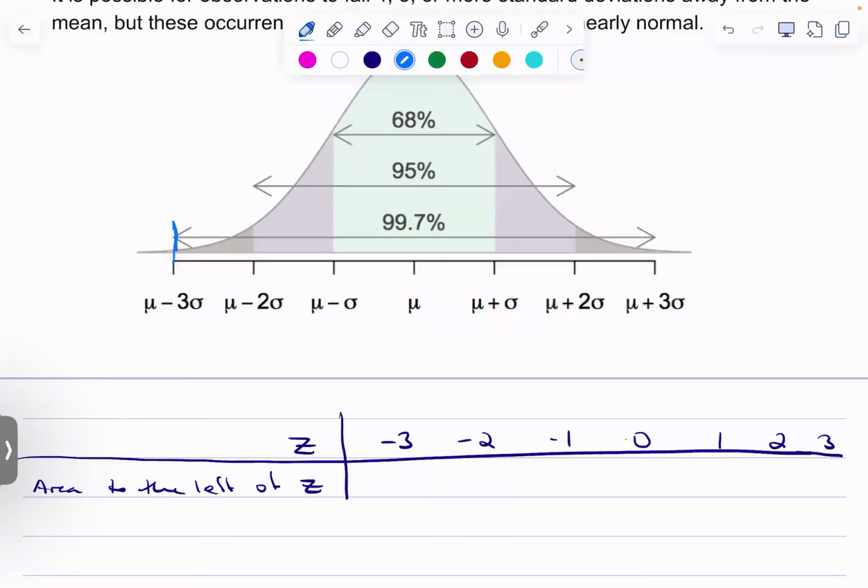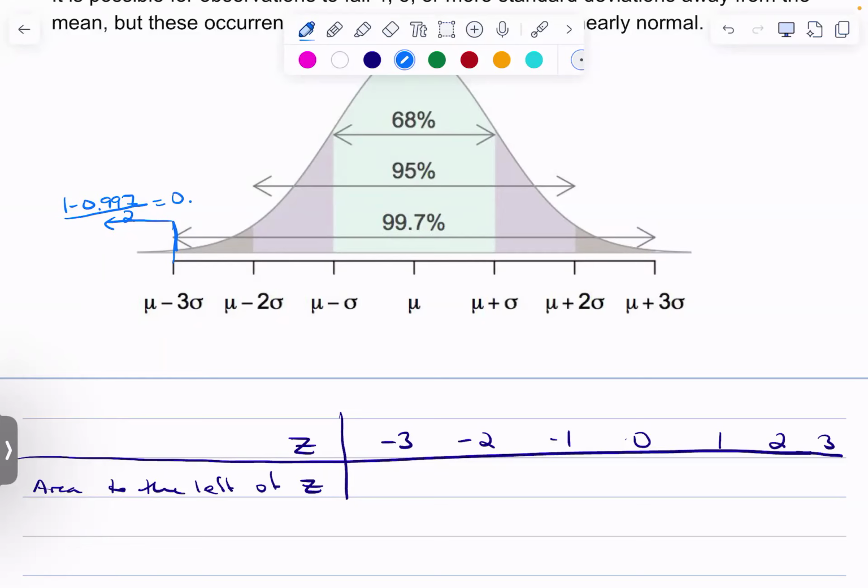Okay, so that arrow stops there, which means that this area would be 1 minus 0.997, but that's the total area left over, which we have to cut in half, split evenly amongst the tails, right? Divided by 2. Very, very small. 1 minus 0.997 divided by 2.